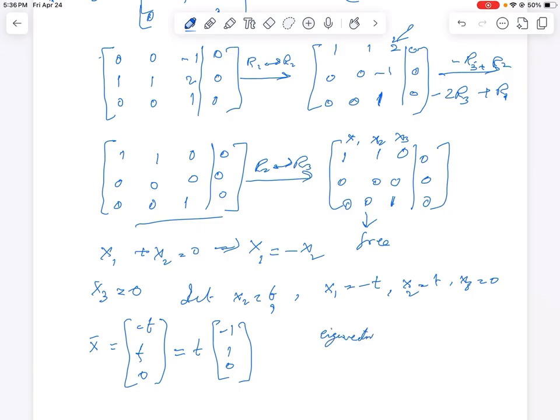The eigenvector of A corresponding to, or related to, or associated with lambda equal to 2 is negative 1, 1, 0.